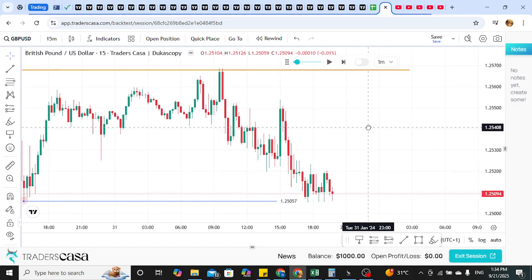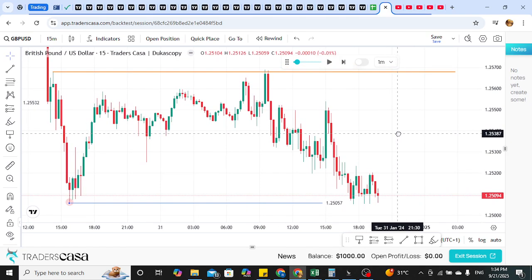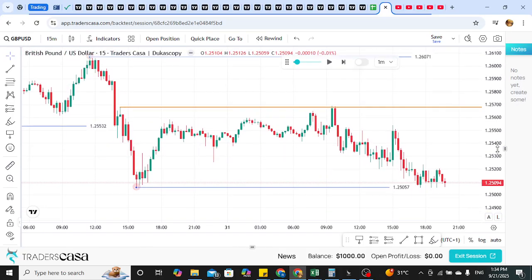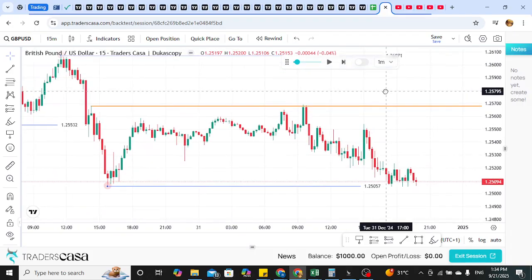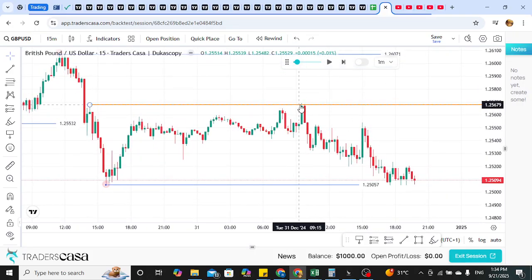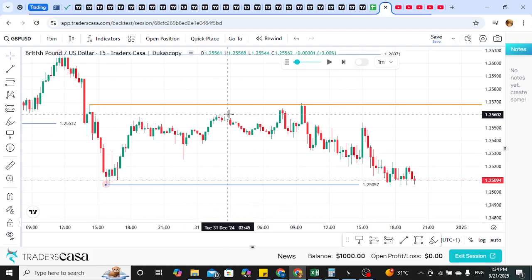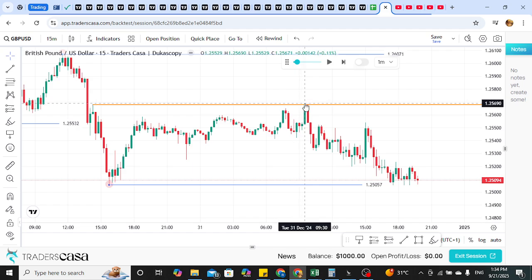Now this is a break of structure. With this break of structure, this is not a change of character, we have a new high, which is the retracement from this part to this part. How deep was the retracement? It becomes the deepest retracement, becomes the new high here.